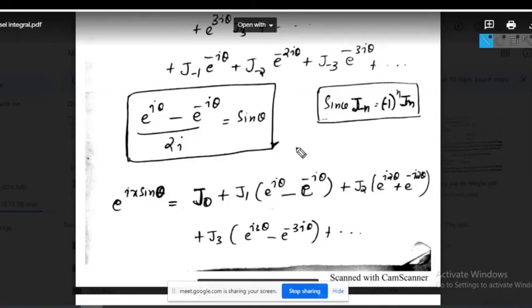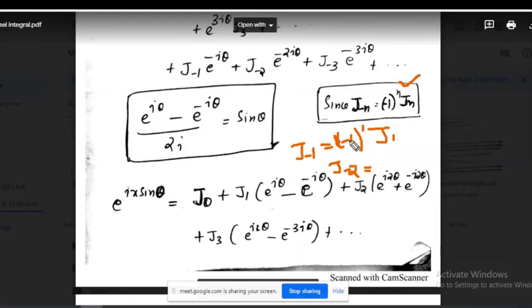That means J minus 1 will be minus 1 to the power 1 J1. Similarly, what will be J minus 2? Can you say what will be J minus 2? J minus n is minus 1 to the power n Jn.